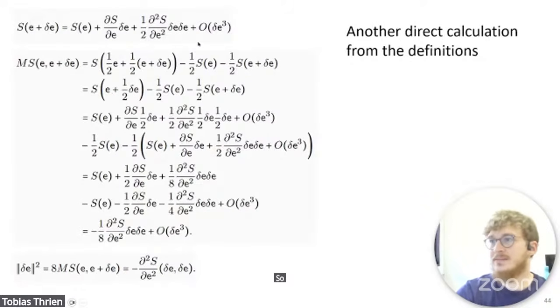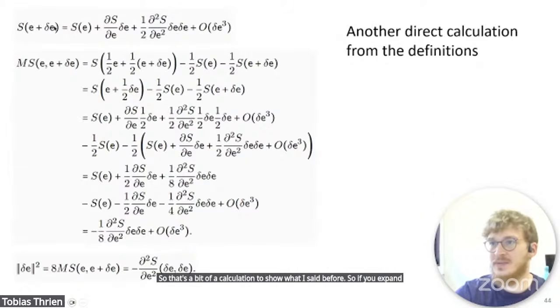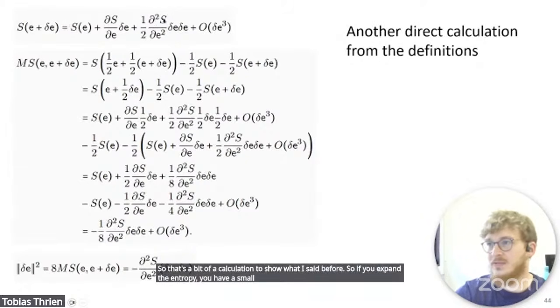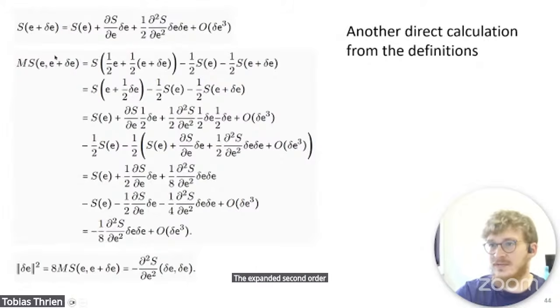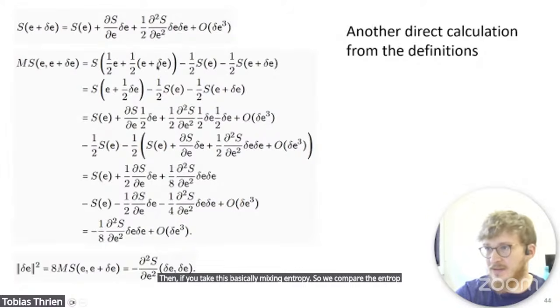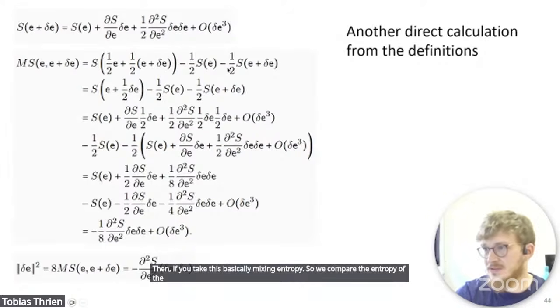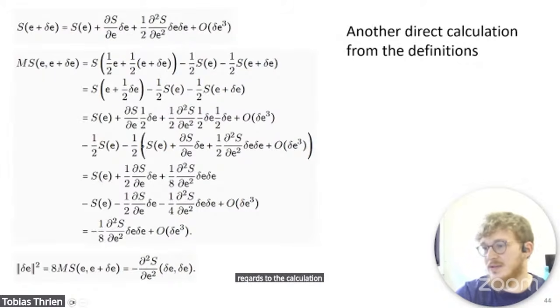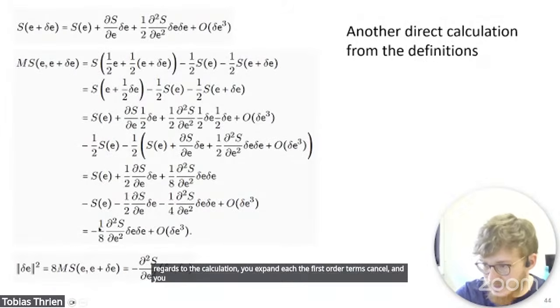So that's a bit of a calculation to show what I said before. If you expand the entropy, you have a small variation here. You expand to second order. Then if you take this mixing entropy, where you compare the entropy of the two elements to their average, you go through the calculation, you expand each, the first order terms cancel, and you end up with a second order variation.